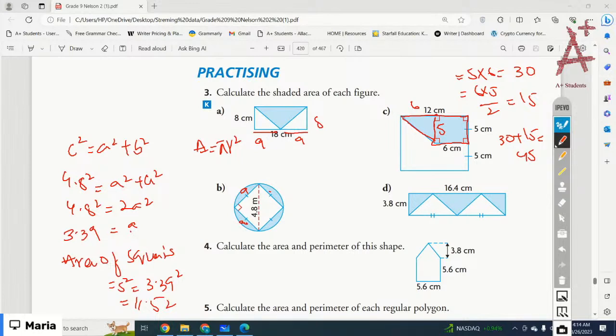That would be pi r squared. So 2.4 squared times 3.14. That means the area of the circle is 7.5. So just subtract the area of the square from the area of the circle, and you will get the area of the shaded region, right?